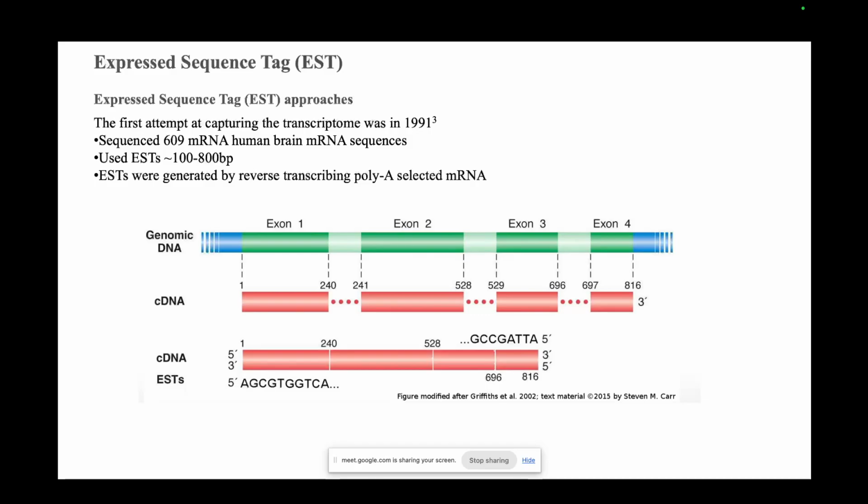Here also it is a similar case. You have a complementary DNA to the RNA, which is getting converted to cDNA by the reverse transcription enzyme.